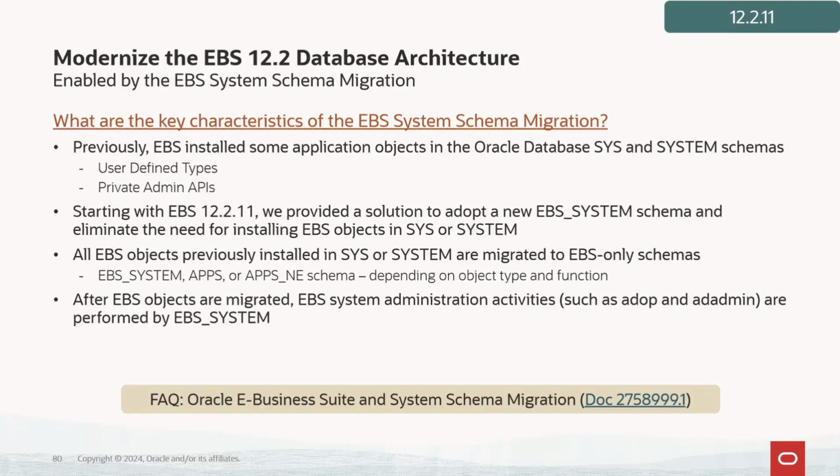And once those E-Business Suite objects are migrated, all E-Business Suite system administration activities, including the ADOP patching utility and AD Admin utility, are performed out of the E-Business Suite system schema. You can read more about this change in the FAQ that I've noted down at the bottom of the screen. That's Doc 2758999.1.